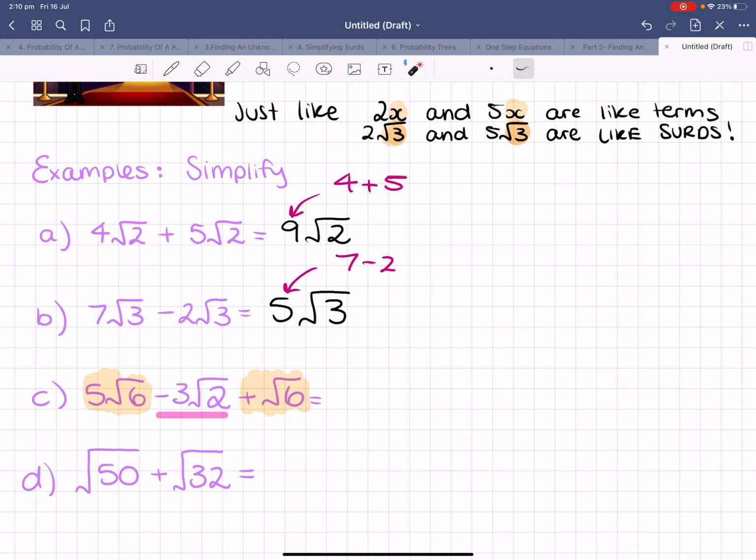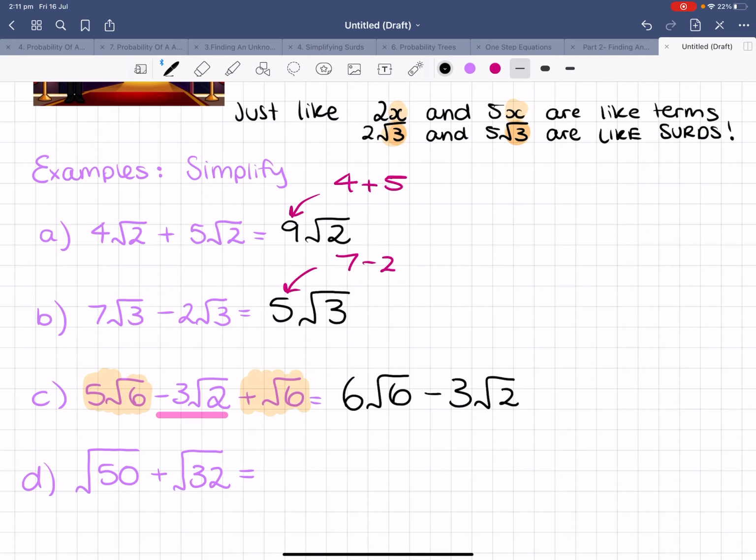So we can only add these two together. 5 square root 6 plus another square root 6 is 6 square root 6. And then, because we can't do anything with that term, we just leave it, like how we would in algebra. If it was, say, a plus b plus 2a, we would write it as 3a plus b. You can't do anything with that b.